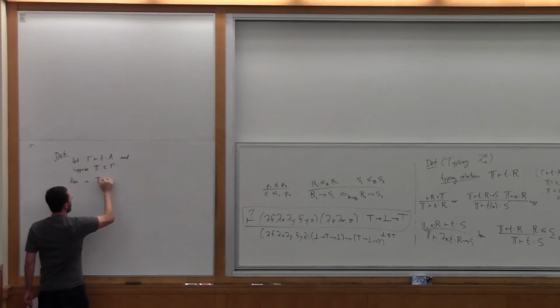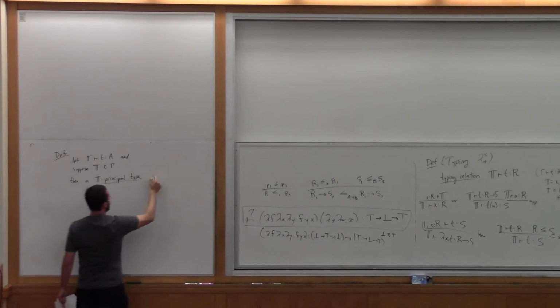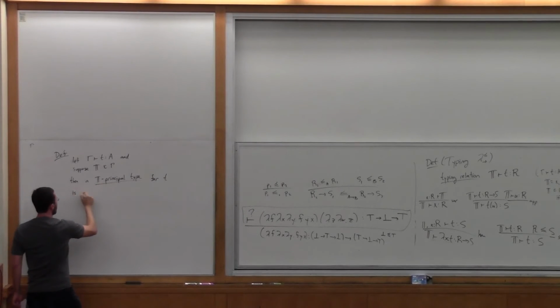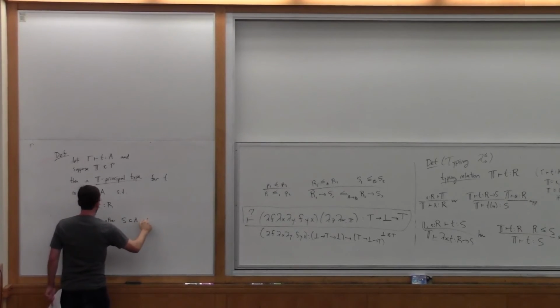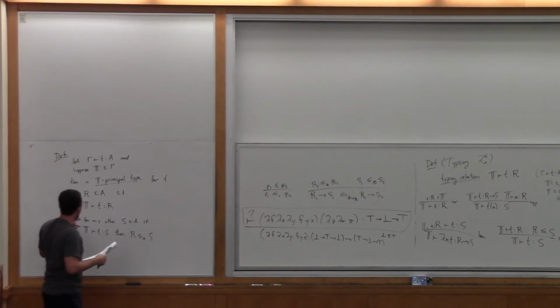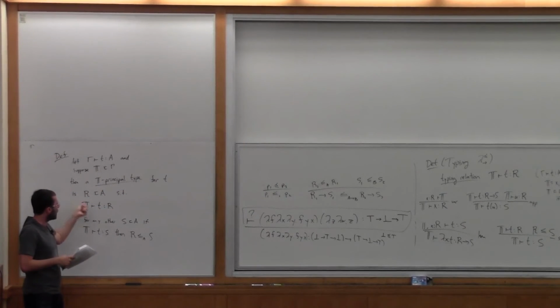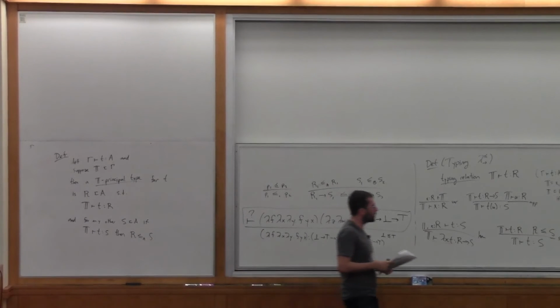Then a principal type for T in context pi is going to be some refinement R of A such that T has the type R in the context pi, and for any other S refining A, if T has the type S, then R is a subtype of S at A. So that's the sense in which a principal type is the most precise type that we can give to T in the context pi. So that's a reasonable definition of principal types.